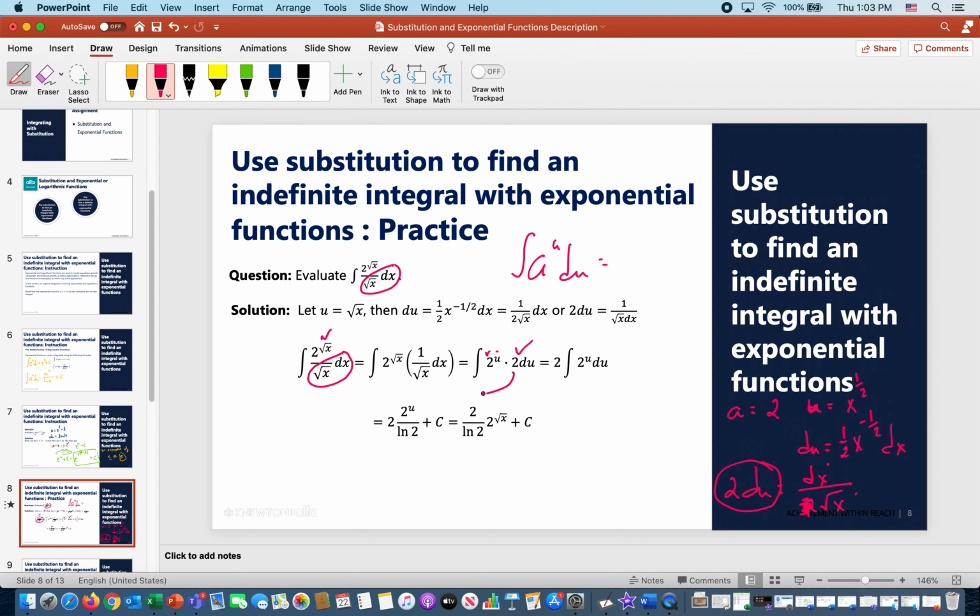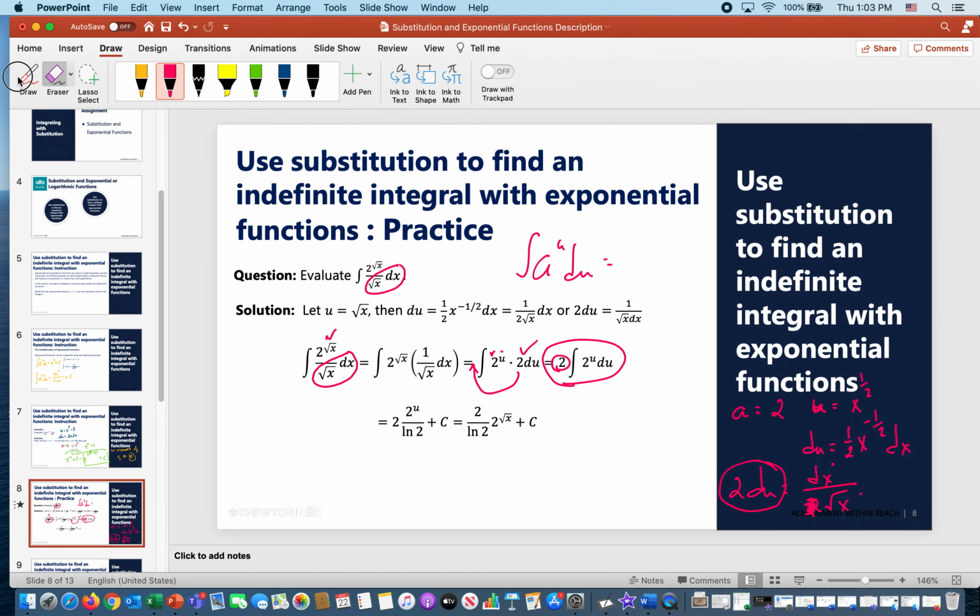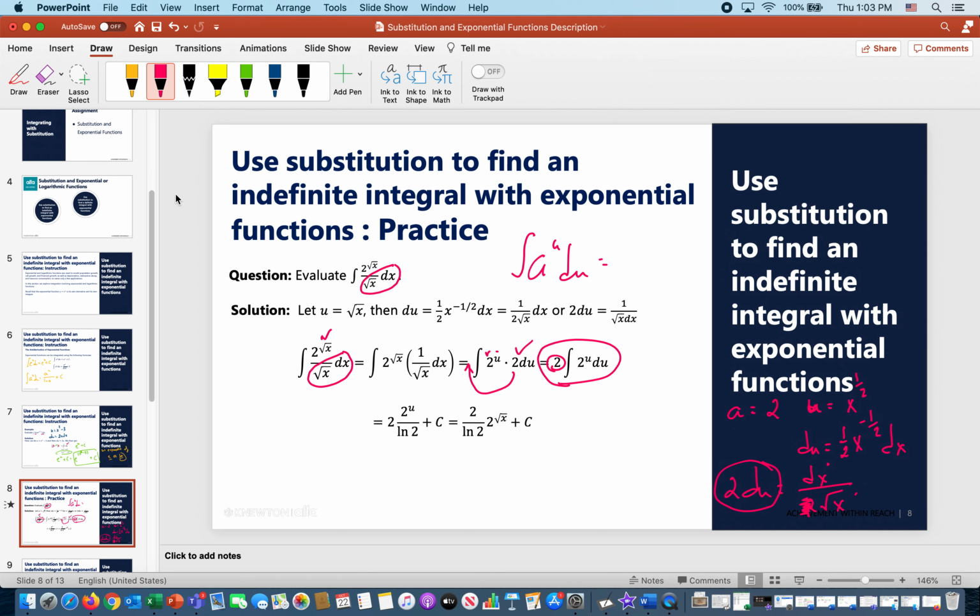This 2 is a constant, and I can move it outside the integral, which is what we show right here. And then we're left with the integral of 2 to the u du. Applying our formula gives us 2 times, so this 2 out in front, right, is this guy. So we have 2 times 2 to the u over ln 2. Again, we're just applying that integration formula that we saw earlier in this PowerPoint.